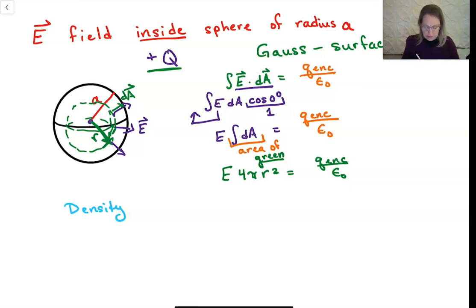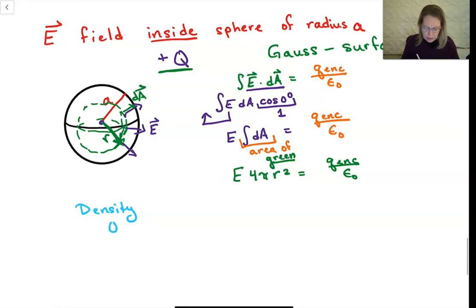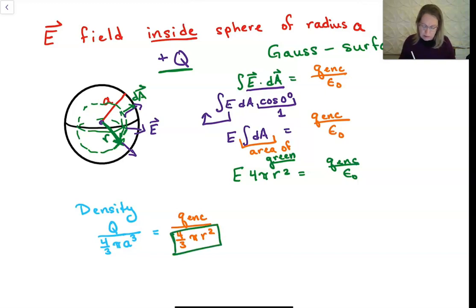So on the big sphere, that would be Q divided by the volume, 4/3 pi a cubed, because that's the big volume, which must be equal to the Q enclosed over 4/3 pi r cubed. That's the smaller volume, the volume of the green sphere.